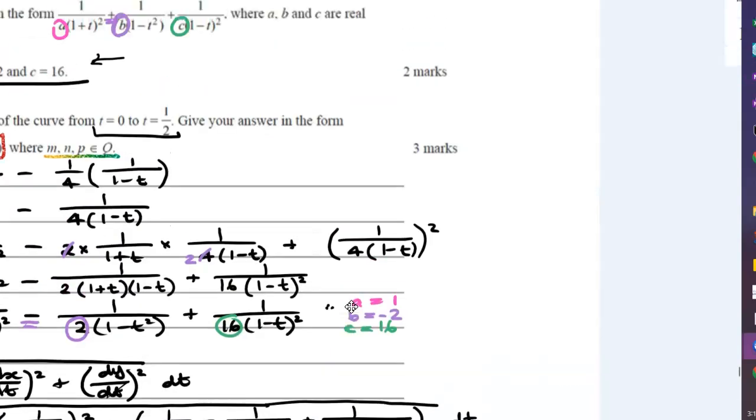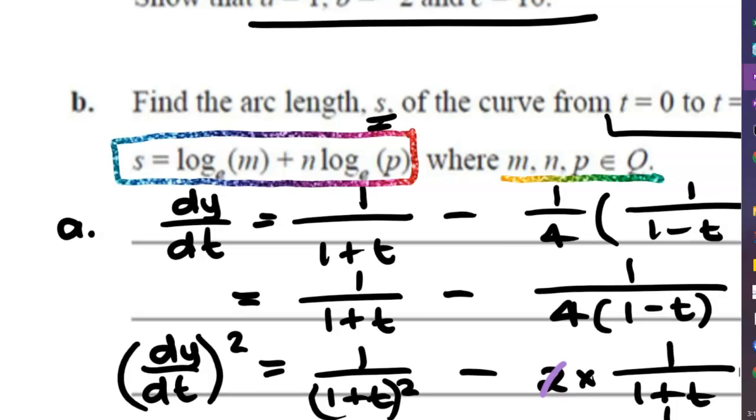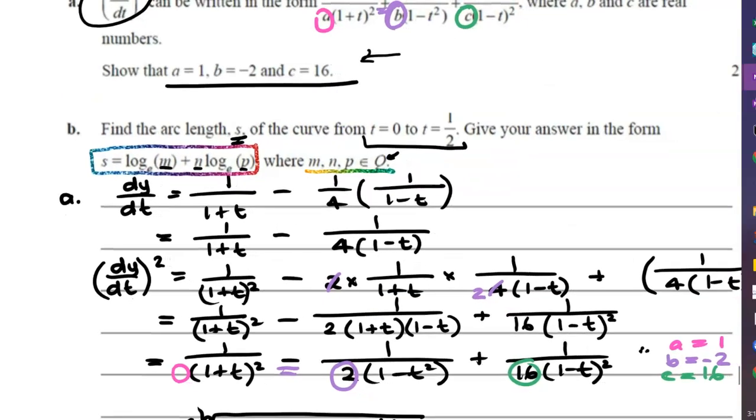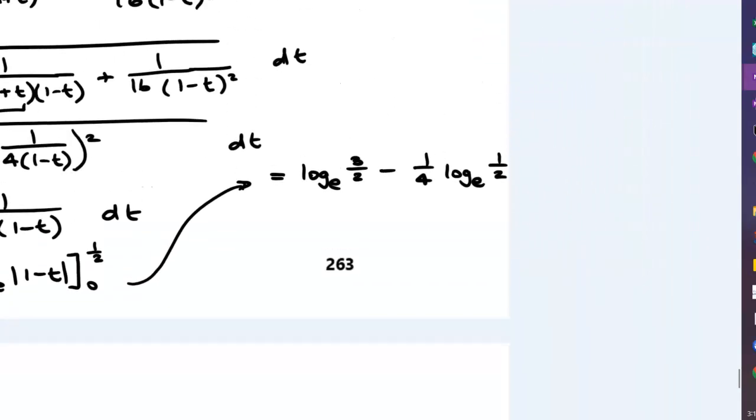Now on that you might think we're done, but recall we needed to have our answer in a particular form. We needed 2 logs and we needed them added to each other. Totally okay for m, n, and p to be rational numbers, so we don't need to use any log laws to prevent that if needed, but we can use log laws in order to ensure we have 1 log plus another log with a coefficient out the front. So we're pretty close. That first log term's looking fine.